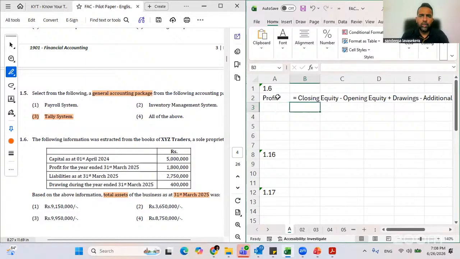So here the profit is given to us as 1.8 million. I'll put it as 1,800. Closing equity is basically your closing assets minus closing liabilities.